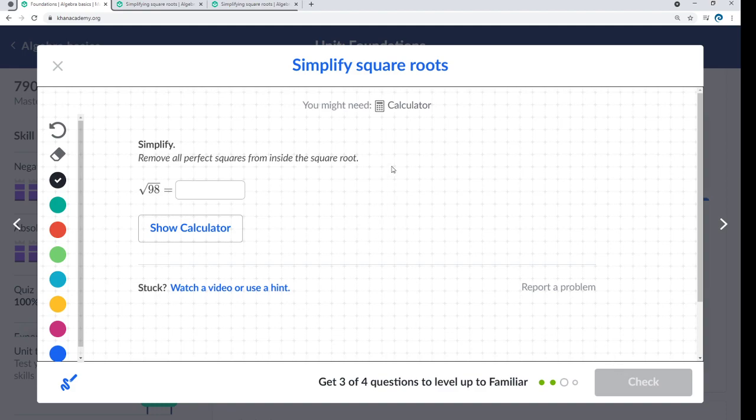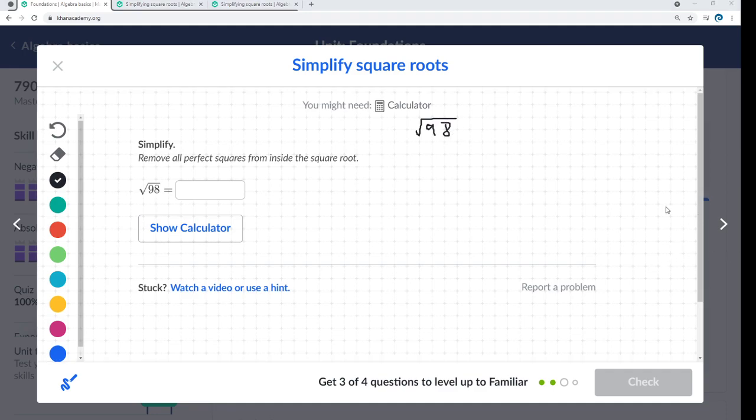Okay. On to the next one. Here we go. Square root of 98. Remove all of the perfect squares from inside the square root. So let's start it all over again. 98.